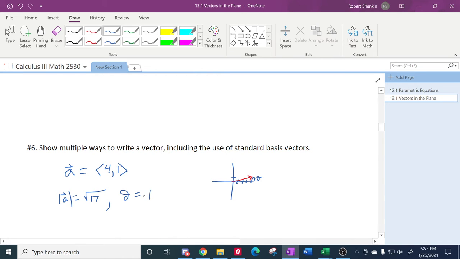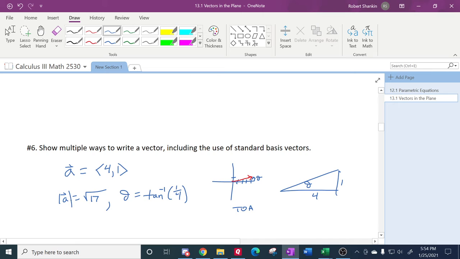Theta is equal to the inverse tangent, because if you make this thing a little bit bigger, this is 4 and this is 1. The tangent is SOHCAHTOA, opposite over adjacent. The inverse tangent of 1/4.